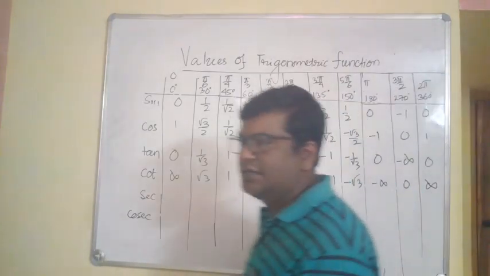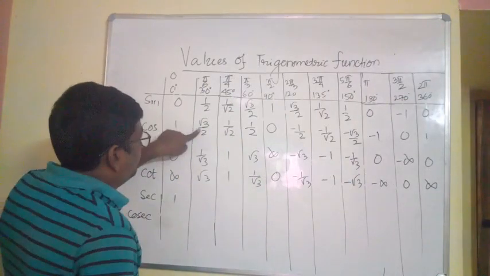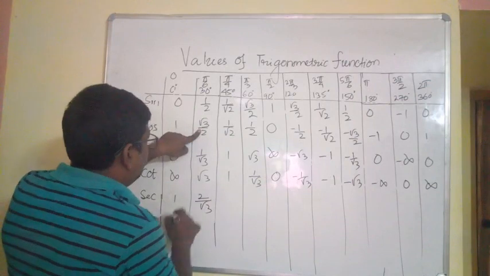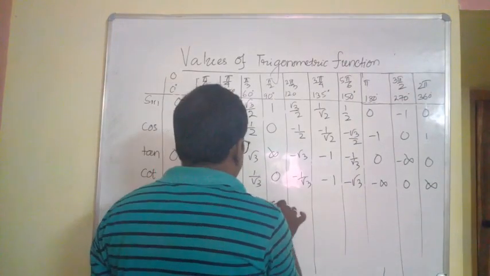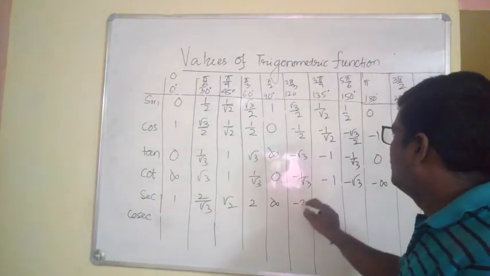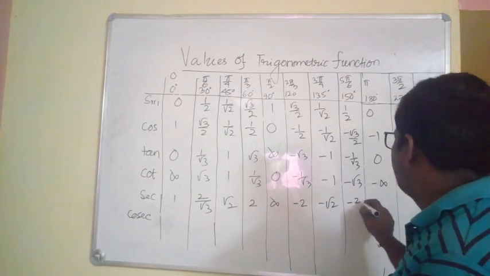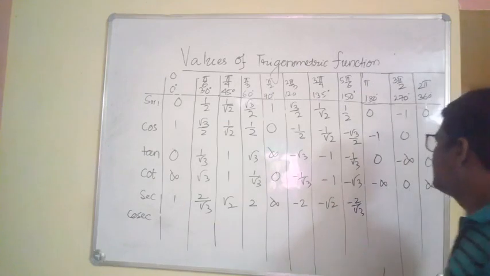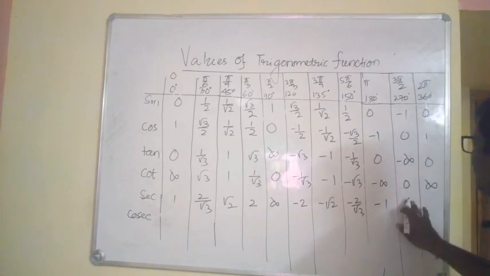And what is sec? Reciprocal of cos. This is 1 by 1, 1, 2 by root 3, root 2, 2, infinity, and this is minus 2, minus root 2, and this is minus 2 by root 3, and this is minus 1, this is 0 by 1, 0 by 1, 1 by 0 infinity.